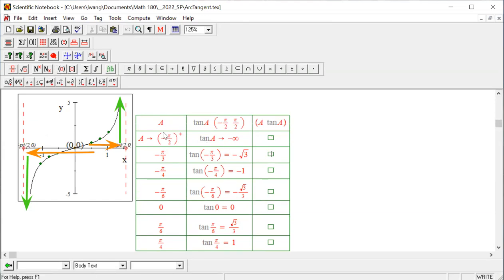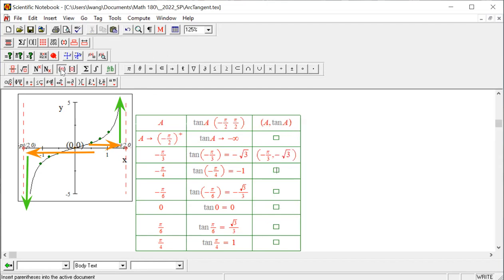Okay, so this is a point, right? We have input, output, input, and input, output. Input, okay, negative pi over 6.